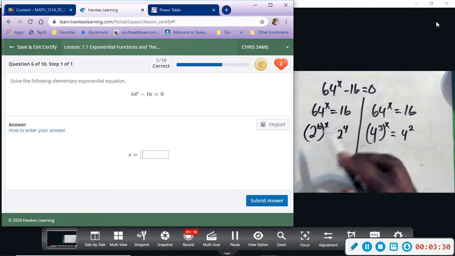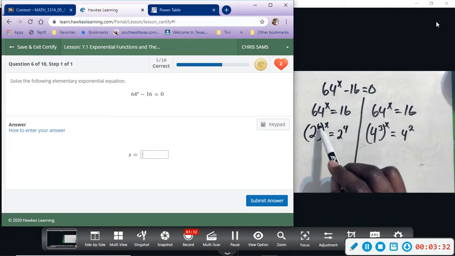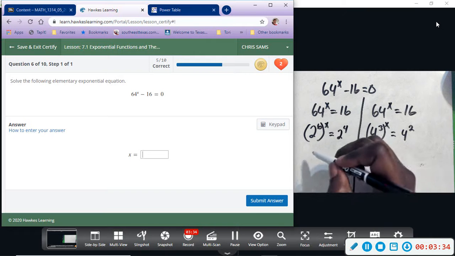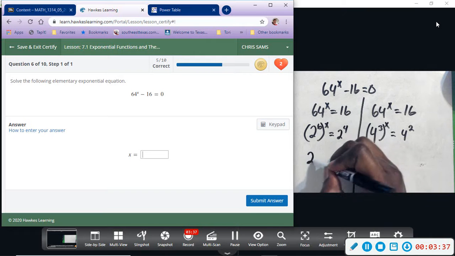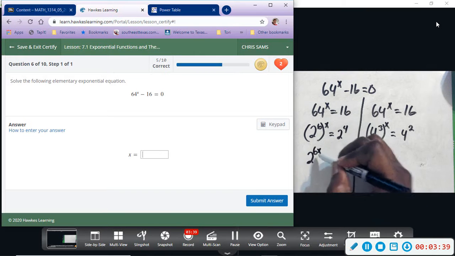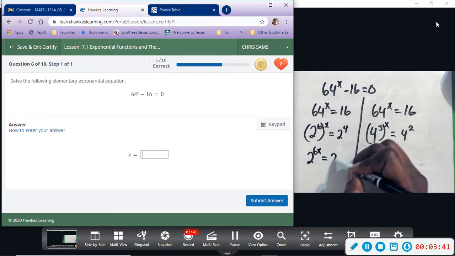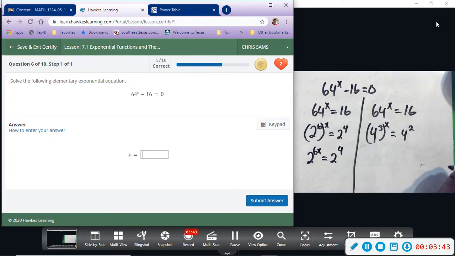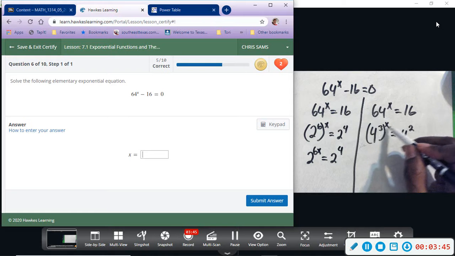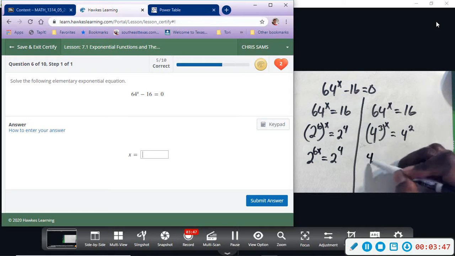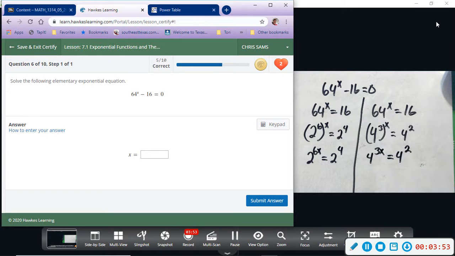The property of exponents says when you have a power to a power you multiply. So this is 2 to the 6x power equals 2 to the 4th power. Over here I would do 4 to the 3x power equals 4 to the 2nd.